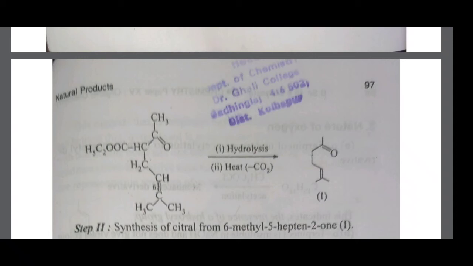Then this acid, when heated, releases carbon dioxide, and H is attached to the CH, which becomes CH2. Therefore the product formed is 6-methyl-5-heptenone, compound number first. This completes step first.